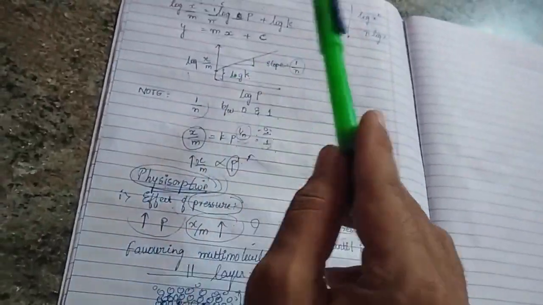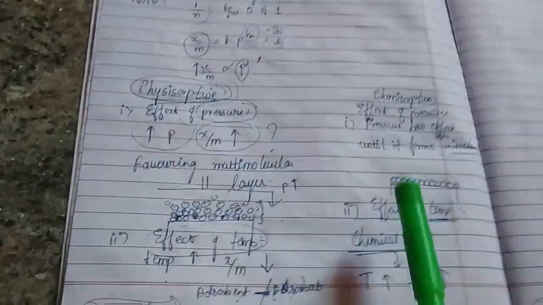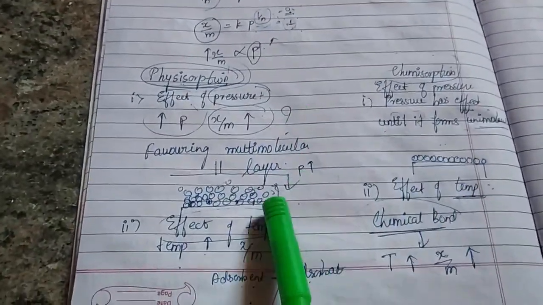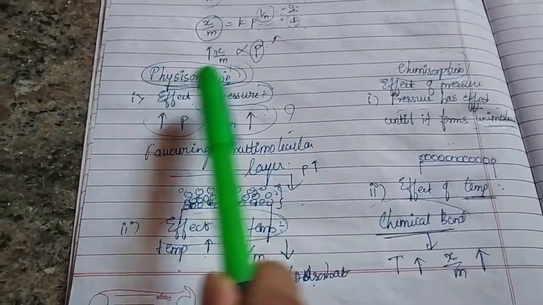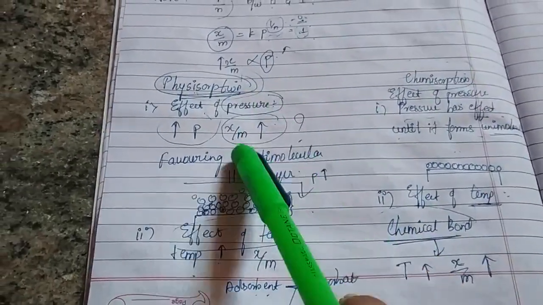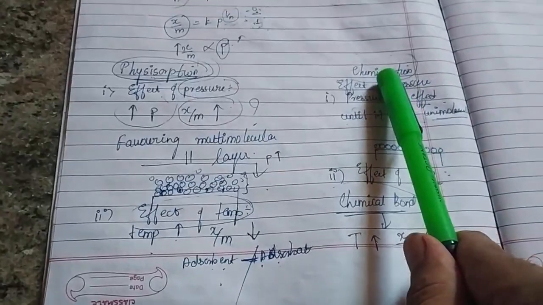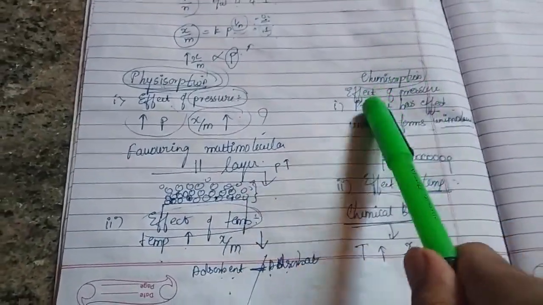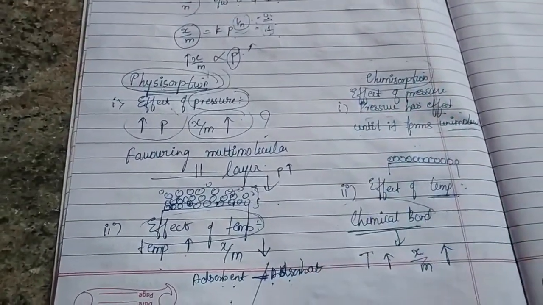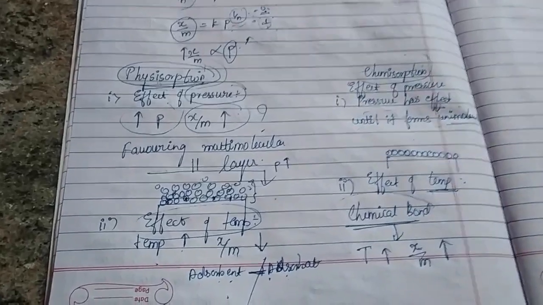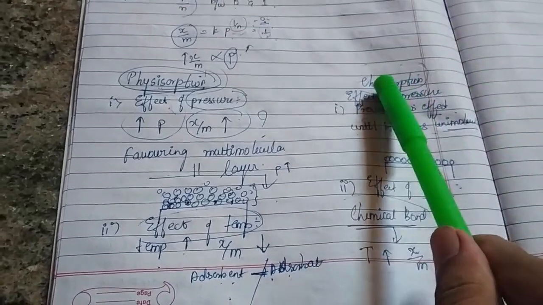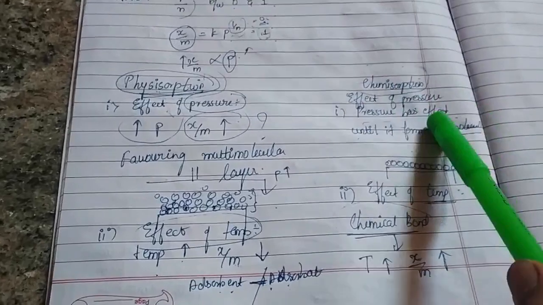What we have seen now was the general case. When we look at it specifically, you should remember that in physical adsorption, as the pressure increases, the extent of adsorption also increases. But in chemical adsorption, what happens? Pressure has an effect only up to a certain limit. As you increase the pressure in chemical adsorption, it becomes independent.